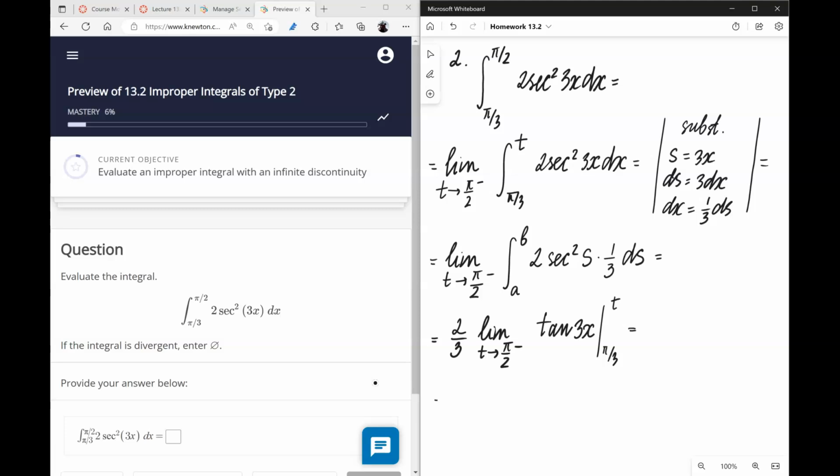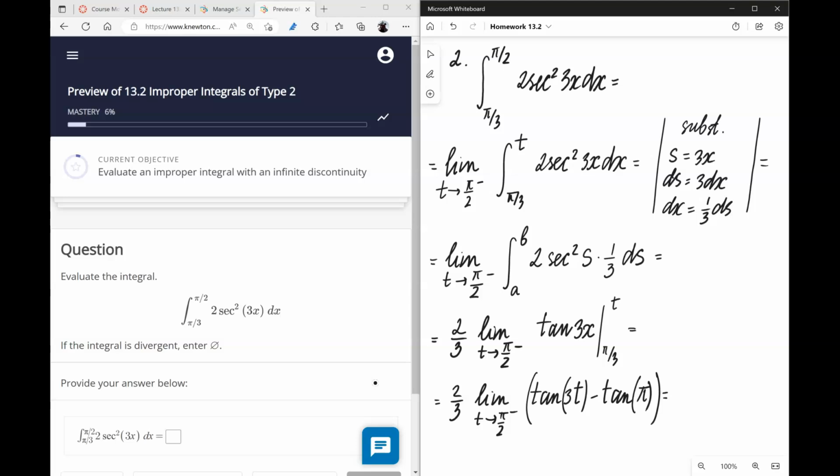So we have 2/3 times the limit as t approaches pi over 2 from the left of tangent 3t minus tangent 3 pi over 3, so it's tangent pi. Tangent pi is 0.